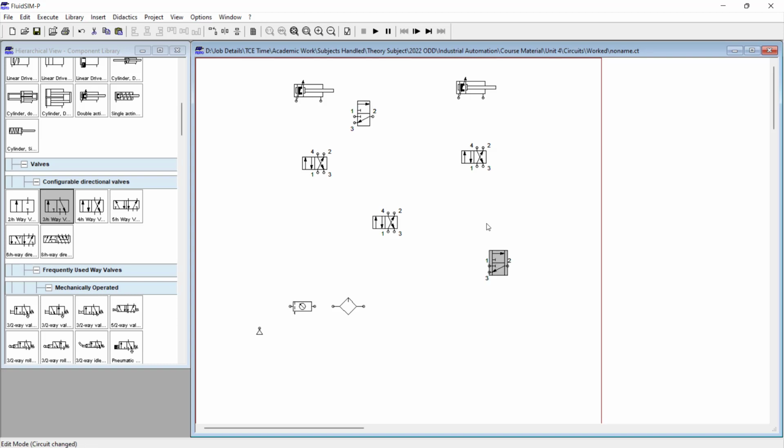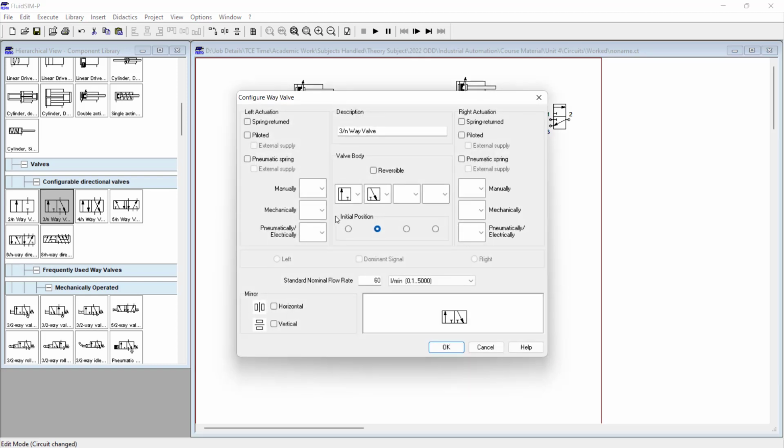Let's copy, paste. Set the actuator for the limit switches.